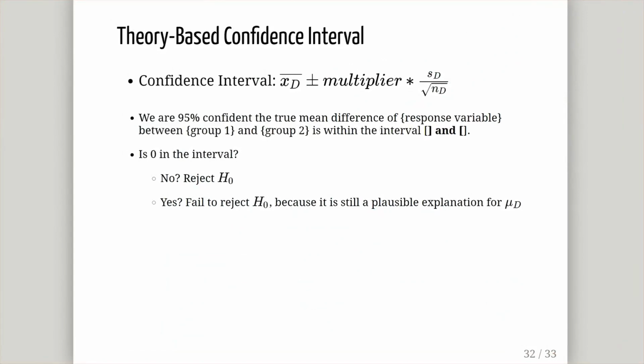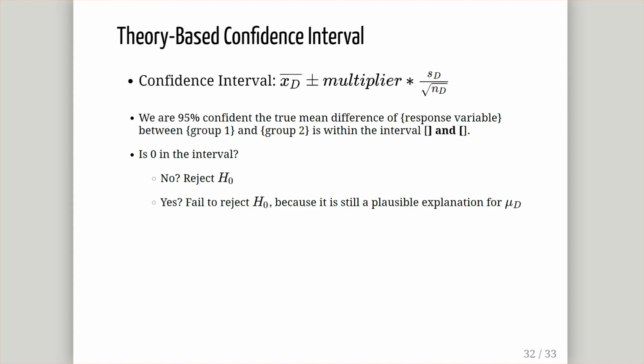If you want to interpret the confidence interval, you can state the confidence interval in words by first saying, I am 95% confident. If you want to talk about 95% confidence intervals, I am 95% confident the true mean difference of the response variable between group 1 and group 2 is within the interval blank and blank.